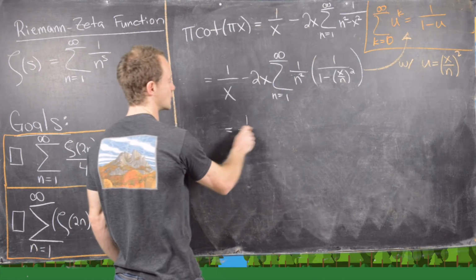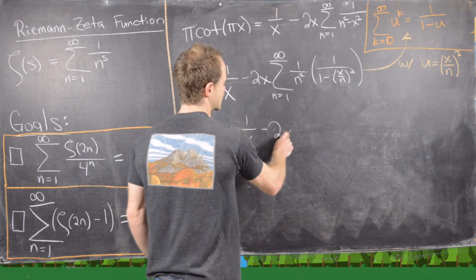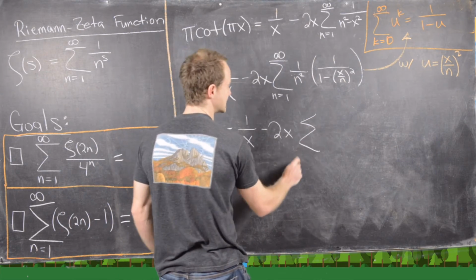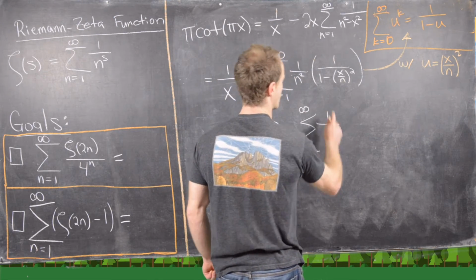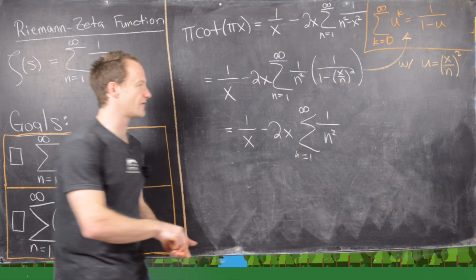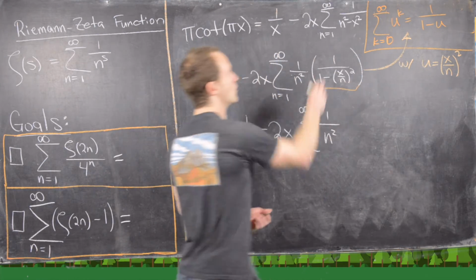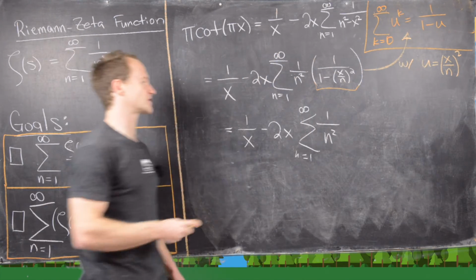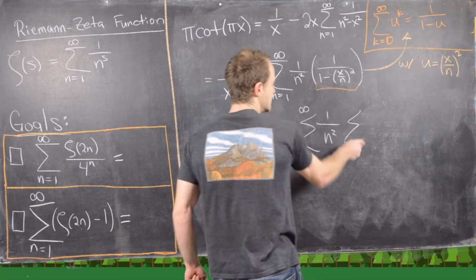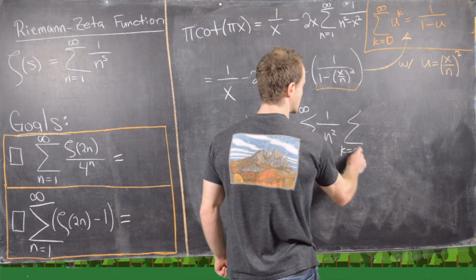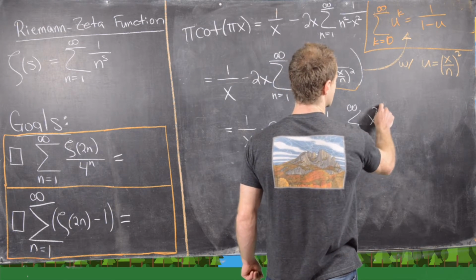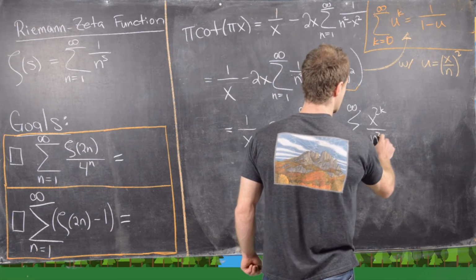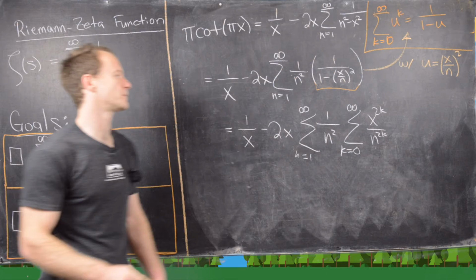So that's going to give us 1 over x minus 2x times the sum n equals 1 to infinity of 1 over n squared. And then we'll take this stuff in parentheses right here, rewrite it with the sum of the geometric series in the following way. So that'll be the sum k equals 0 to infinity of x to the 2k over n to the 2k.